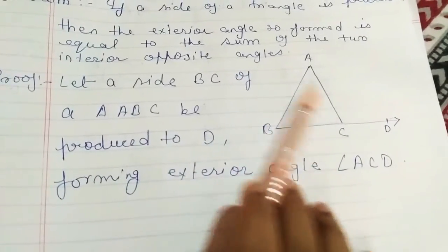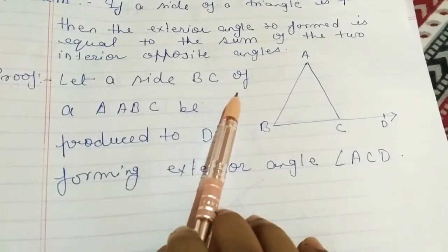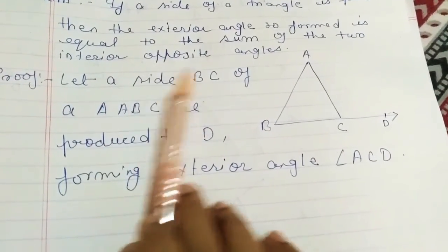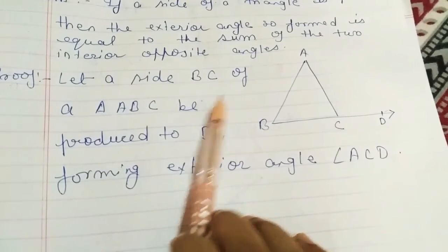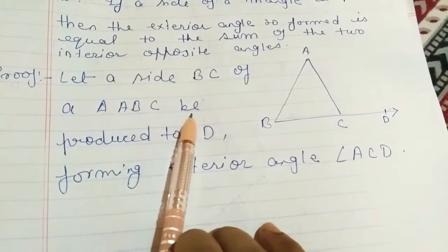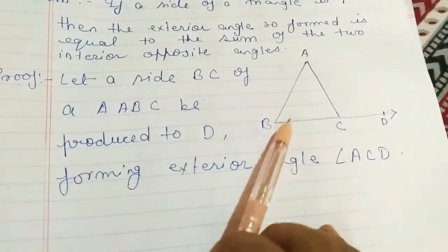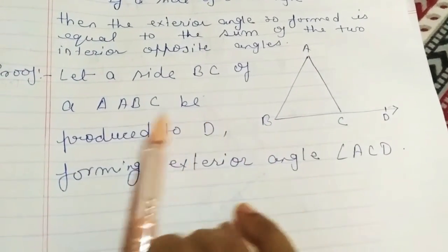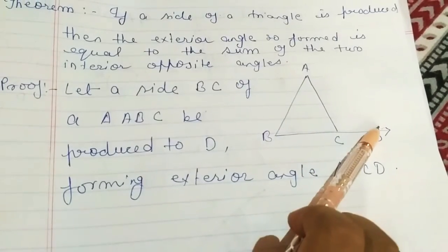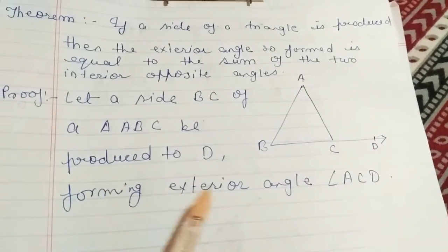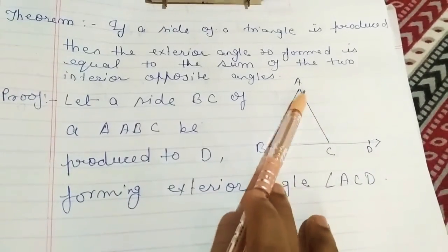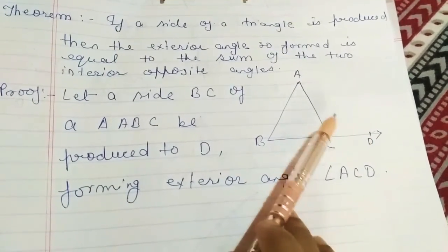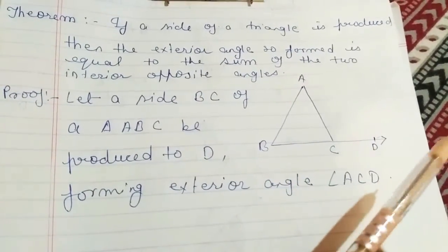So whatever I draw here, I mention let a side BC, that means this side BC of a triangle ABC, इस triangle के एक side BC को be produced to D, D तक प्रोड्यूस किया जा रहा है, forming एक्सटीरियर एंगल ACD, और इससे हम एक एंगल प्रोड्यूस कर रहे हैं जिसका नाम है ACD.